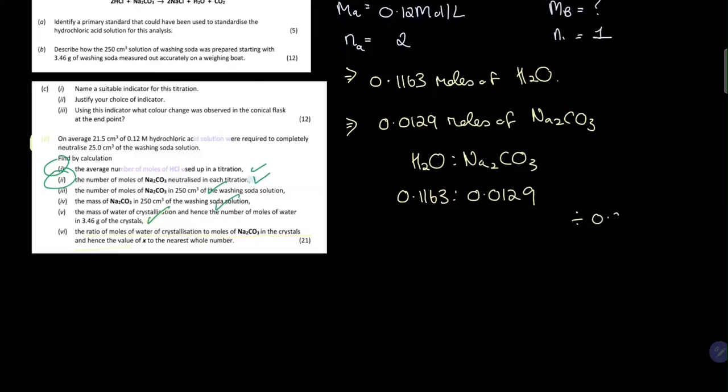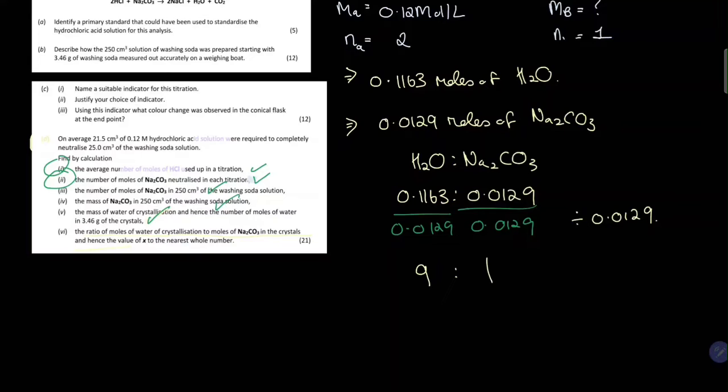So the smallest number there between the two is 0.0129. So divide 0.1163 by 0.0129 and 0.0129 by 0.0129. And I'll work out this side to be rounding up to be about 9 and this side to be 1.